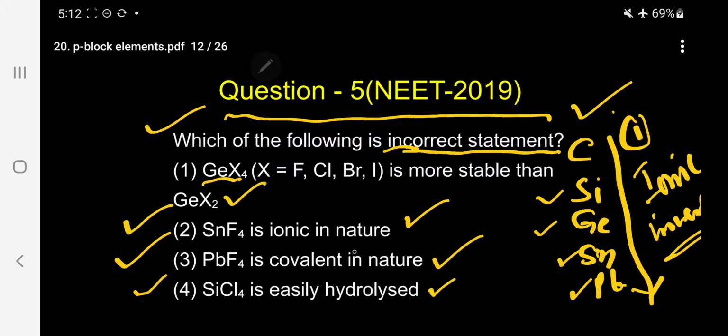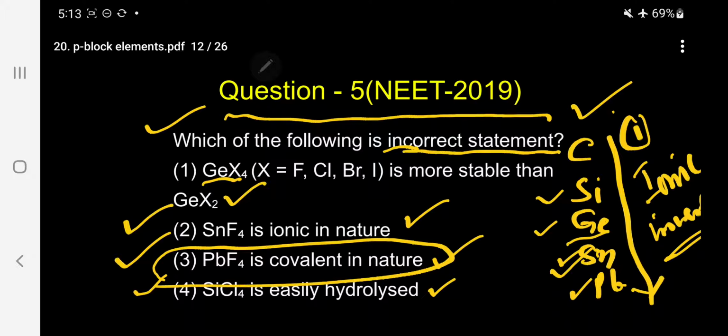But now we have to find out which is the incorrect statement. I am reading: GeX4 is more stable than GeX2. Ge is at the top, so automatically it is more stable. It is correct. SnF4 is ionic because it is below, it is ionic. Whereas PbF4 is covalent in nature? No, lead has the strongest ionic character. It is not covalent in nature. So this is the incorrect statement.